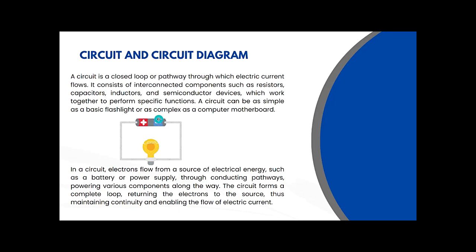There are also active components, such as semiconductor devices like diodes, transistors, and integrated circuits. Each of these also controls the flow of current. There are different types of diode. Taking a PN junction diode as an example, it allows current to flow in only one direction.